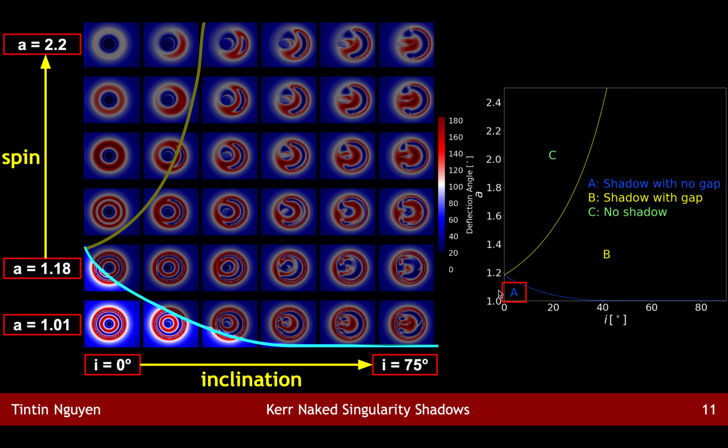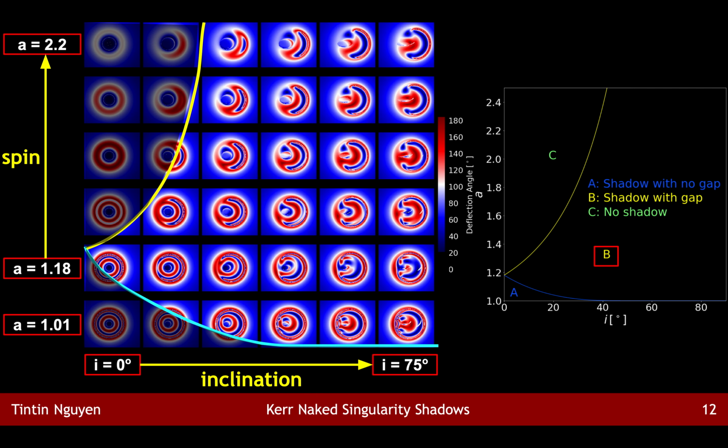This corresponds to region A on our analytical phase space on the right. And in the region where you go to higher inclination and you go past spin 1.18, then you start to see that the shadow of the KNS opens up a gap for all of these numerical deflection angle plots. This corresponds to region B, shadow with a gap.